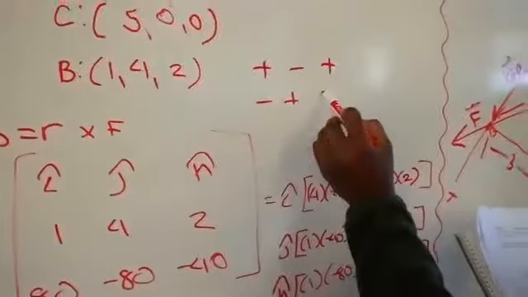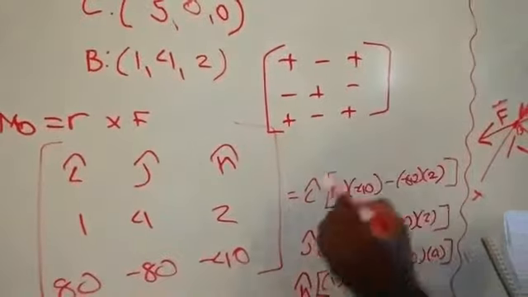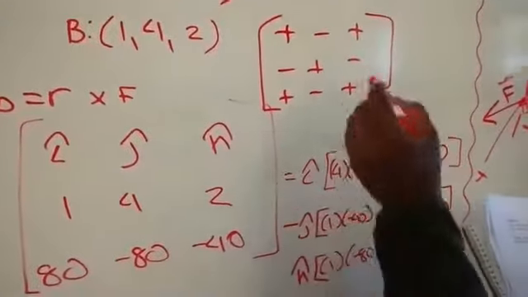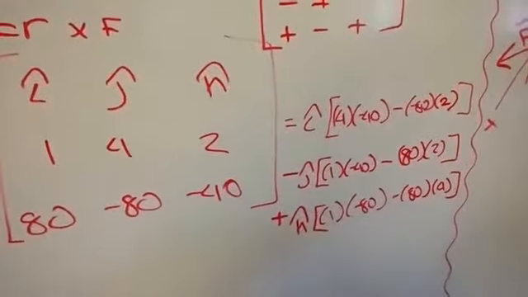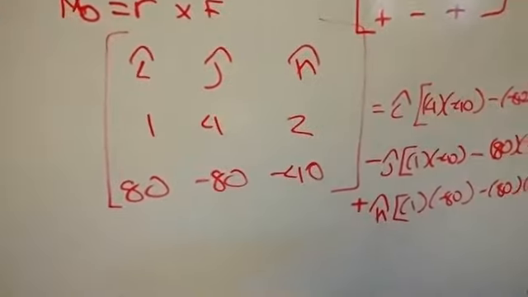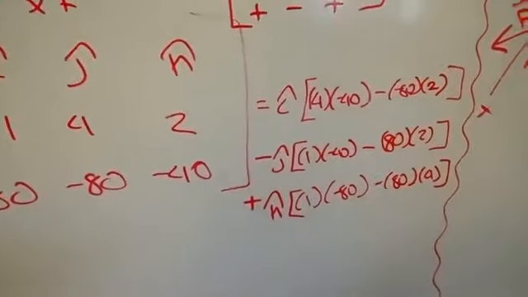Oh, I forgot that. Plus, minus, plus. J is the minus section. Plus k times 1 times minus 80 minus 80 times 4. Yeah, okay, try working that out.